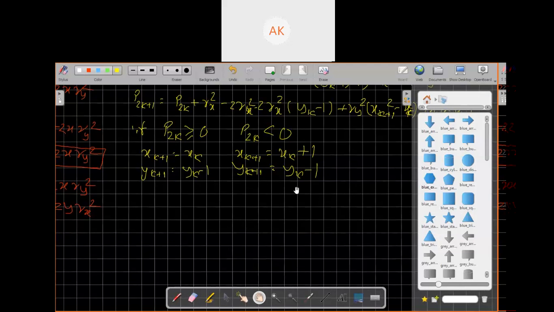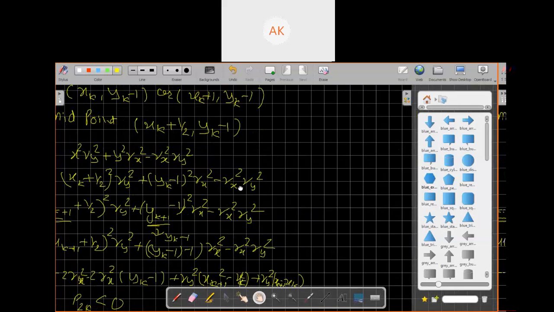So we have calculated in region 2 where your decision parameter is greater than 0, then your next coordinate will be (xk, yk minus 1). When your decision parameter is less than 0, then your next point will be (xk plus 1, yk minus 1) in region 2. We will calculate till we have reached the last point. What is the last point?